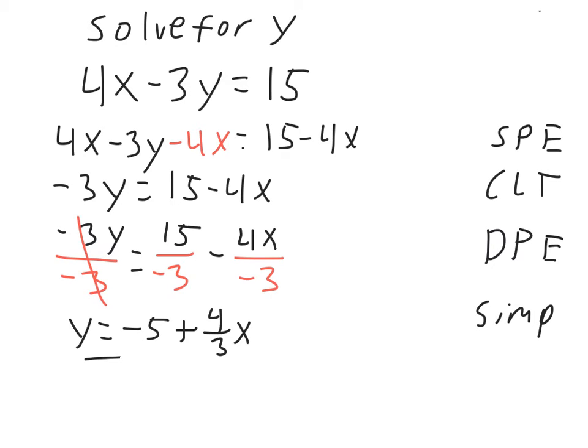Didn't mean to write that line. So that's your answer. I would also accept written separately y equals 4/3 x minus 5. Just putting the x out at the beginning.